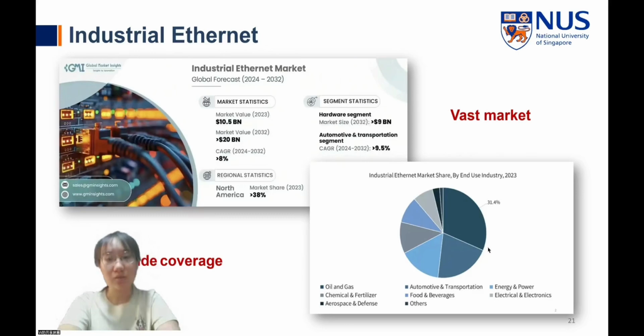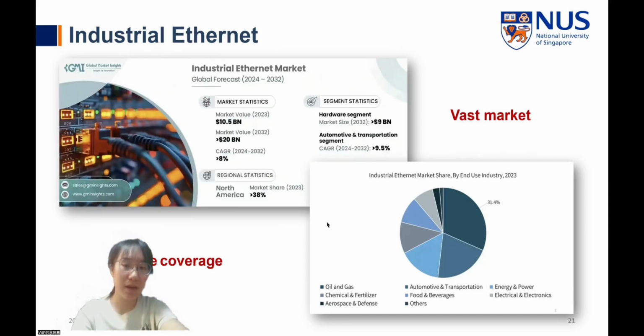Also, with this wide range of applications, Ethernet has now been deeply integrated into key industrial sectors such as oil, transportation, and energy, shown in this pie chart. So it demonstrates the strong market potential and adaptability of Ethernet across industries.